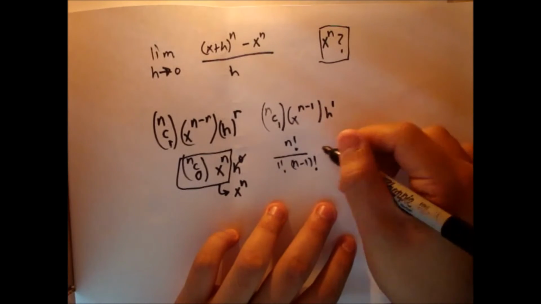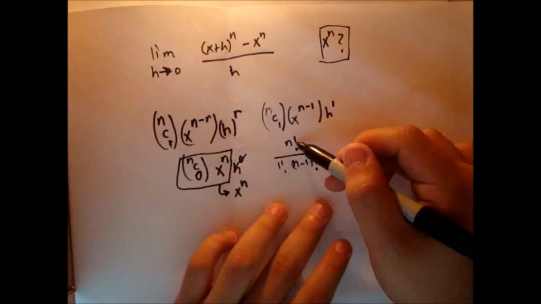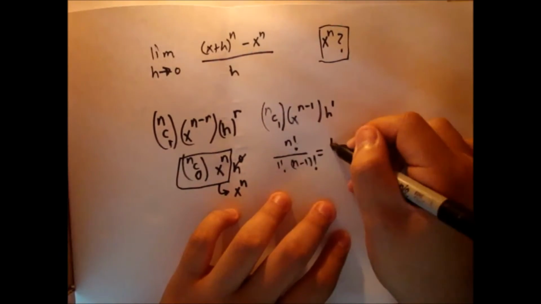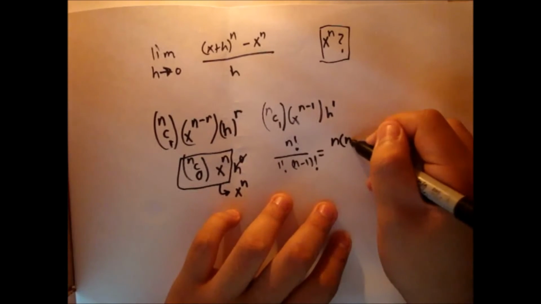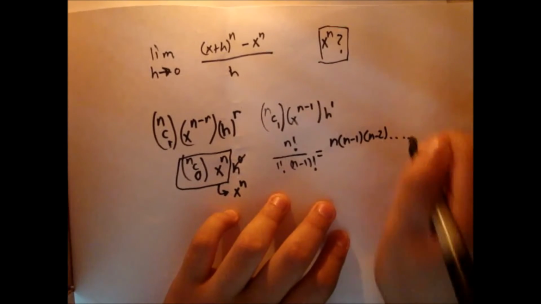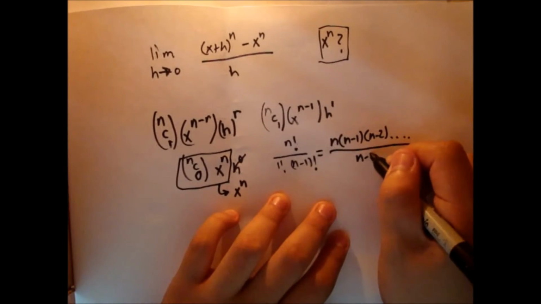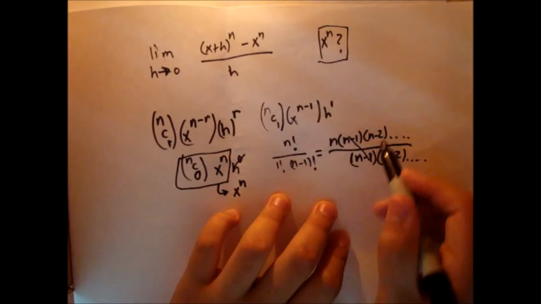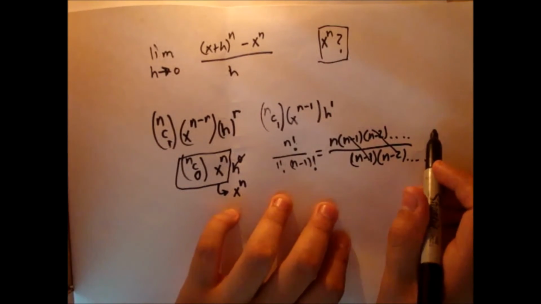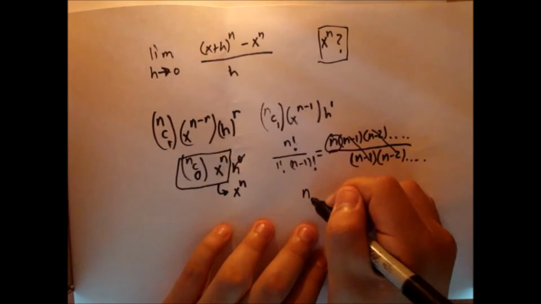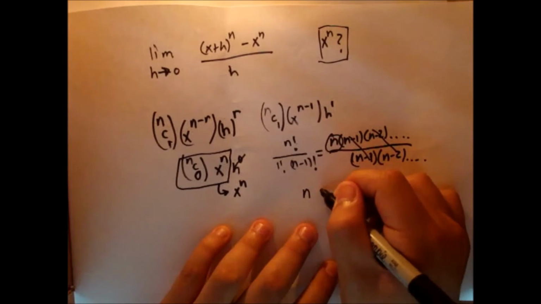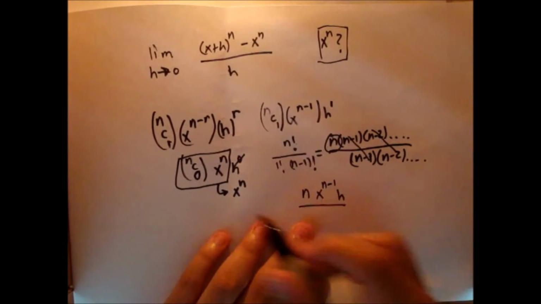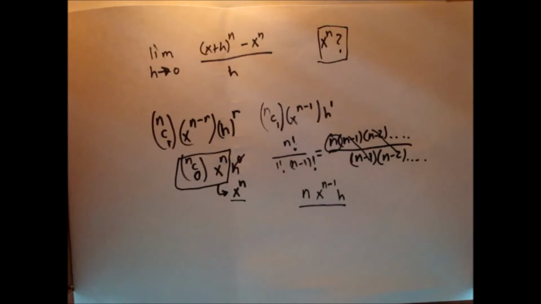Remember, a factorial is just an integer multiplied by a series of integers, each one less than the previous. In this case, n, n minus 1, n minus 2, and so on and so forth. In the bottom, same thing. It starts from n minus 1, so it goes all the way n minus 2, and so on and so forth. But now we can see that this is going to cancel out, and every term in the future is also going to cancel out. We're left with n. So that simplifies to n. So if we do some housecleaning, we're left with x raised to the n minus 1 times h. That's the second term. That's the first term. And so on and so forth.